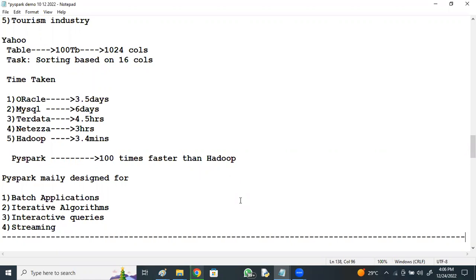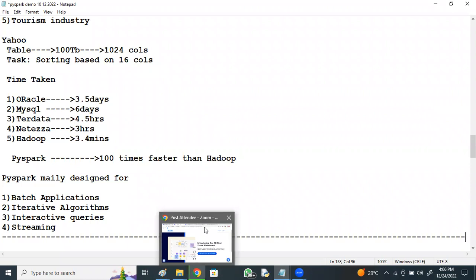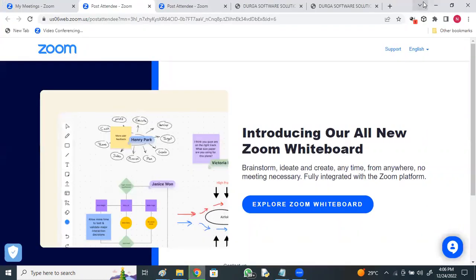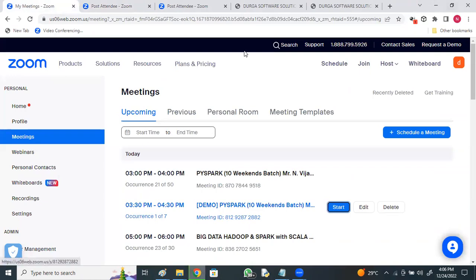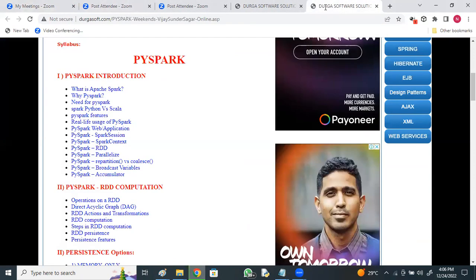It has many modules, functions and APIs available, right? So just observe this.